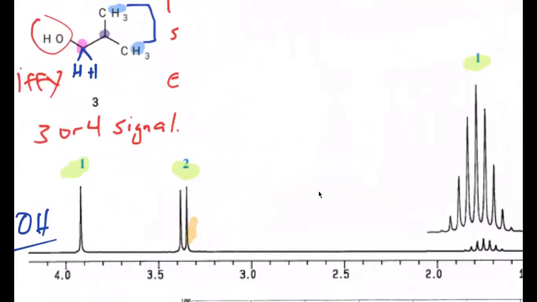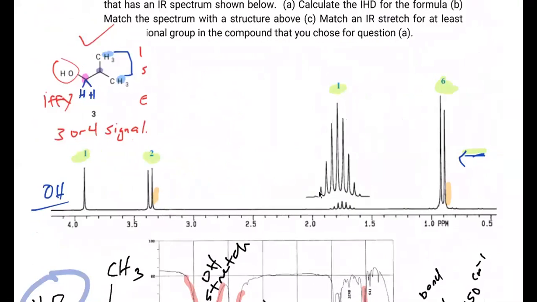See, the signal is a doublet. But the number of hydrogens that it represents is 6 hydrogens, but the actual signal is split into a doublet. So the splitting pattern and the integration are different. Those are 2 totally different concepts.